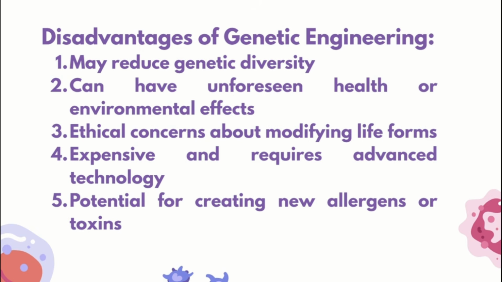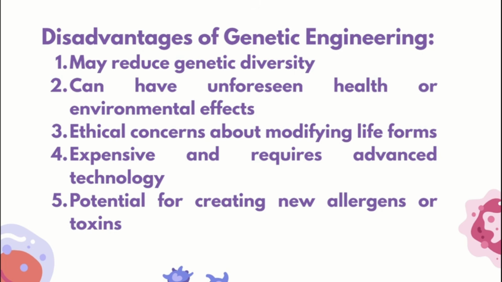It's also very expensive, and it requires advanced technology. It requires advanced expertise, meaning people who actually know their stuff, experts in their fields. So it requires a lot, basically. There's also the potential for creating new allergens or toxins.